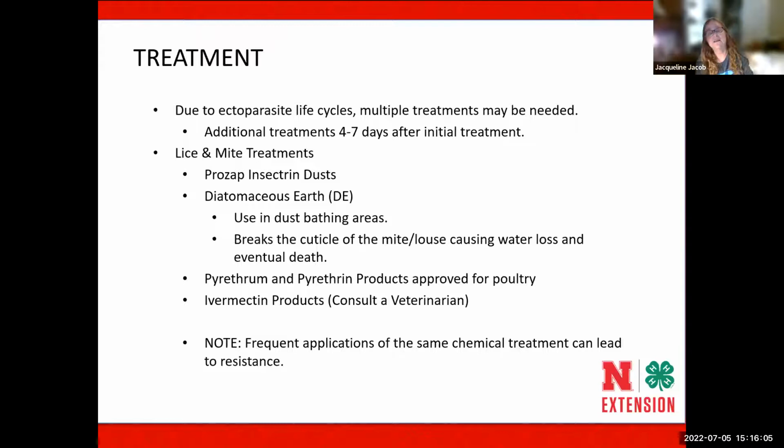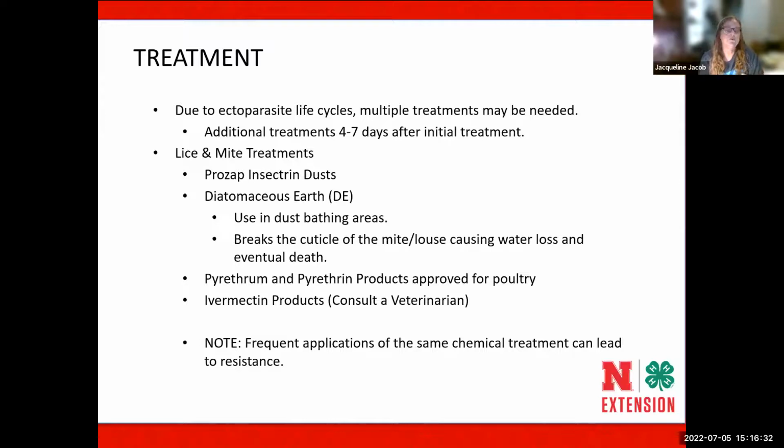A veterinarian can give you an off-label prescription to use ivermectin products that are not designed for poultry, and help you figure out the dosages for the birds that you have. But I would not recommend ivermectin for any types of birds that you are selling the products from, because of the liability issues.